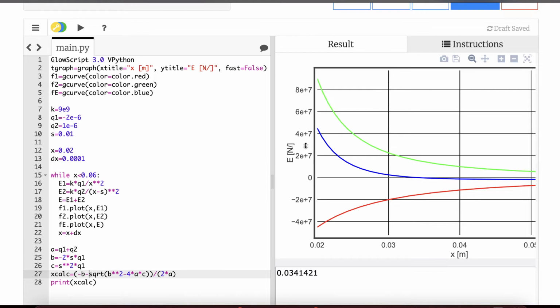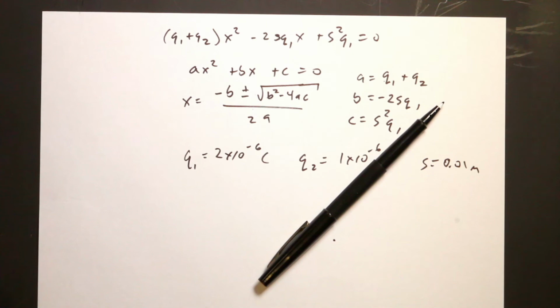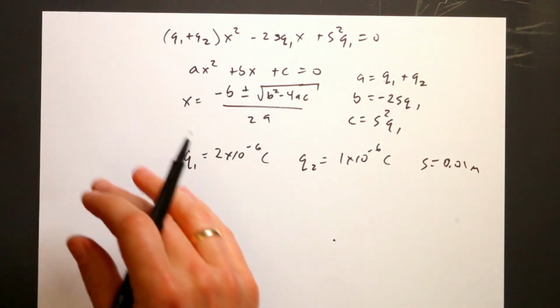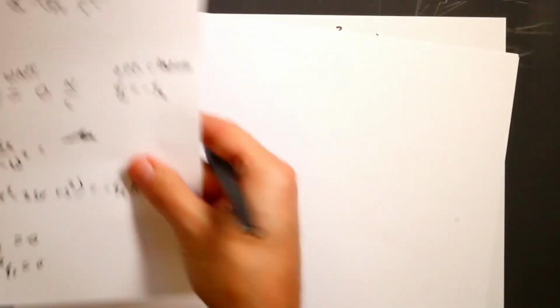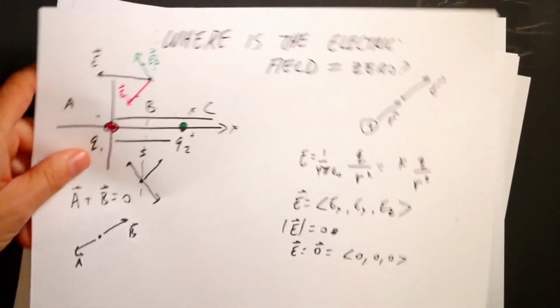Okay, let's go to region B. Okay, switching back to here. I need another piece of paper. Okay, yeah. So let's just start with this picture.